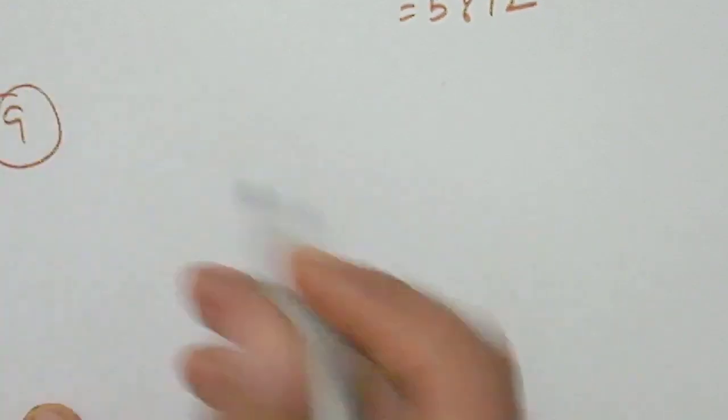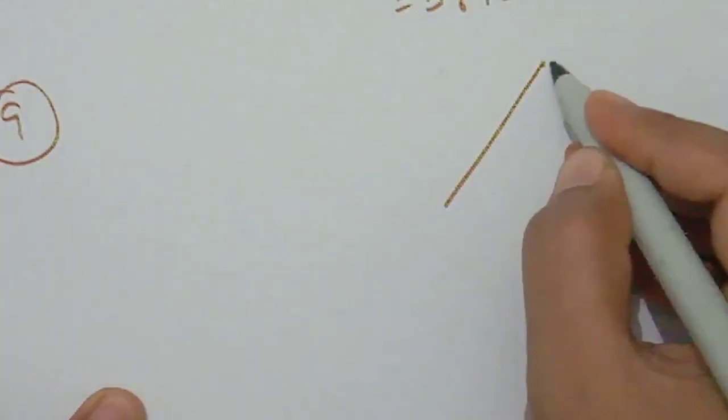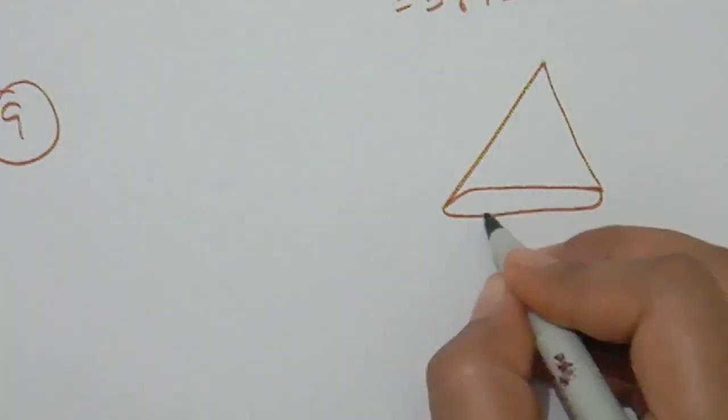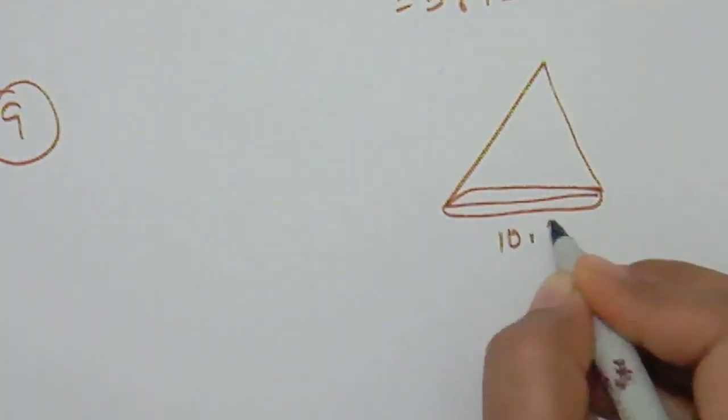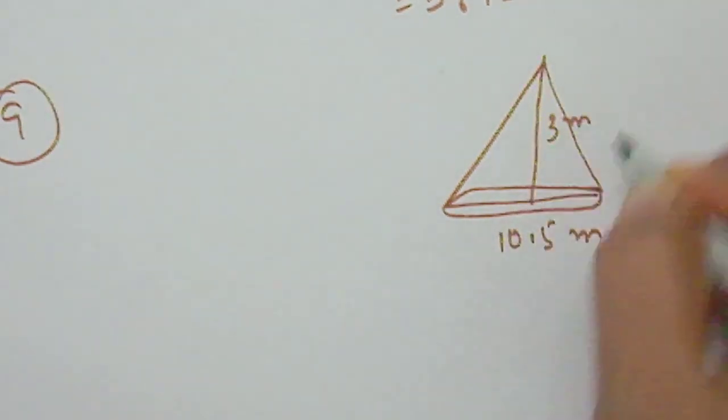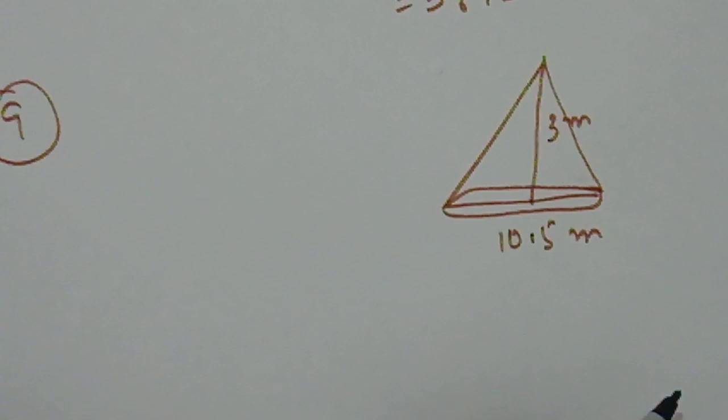Now question number 9. Question number 9 is a very easy question. A heap of wheat is in the form of a cone with diameter 10.5 meter and height 3 meter. Find the volume.